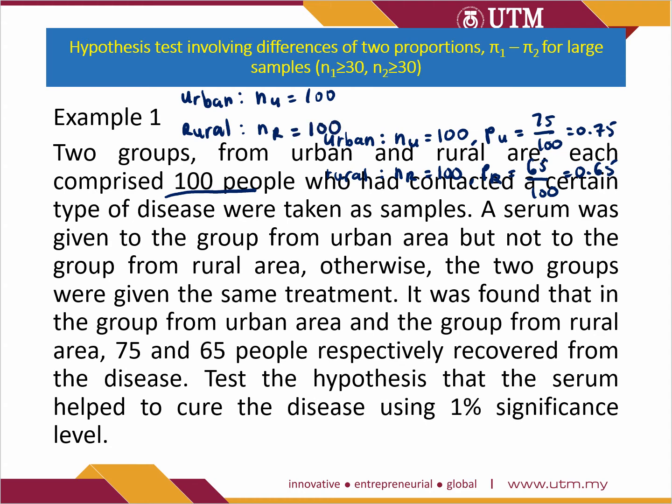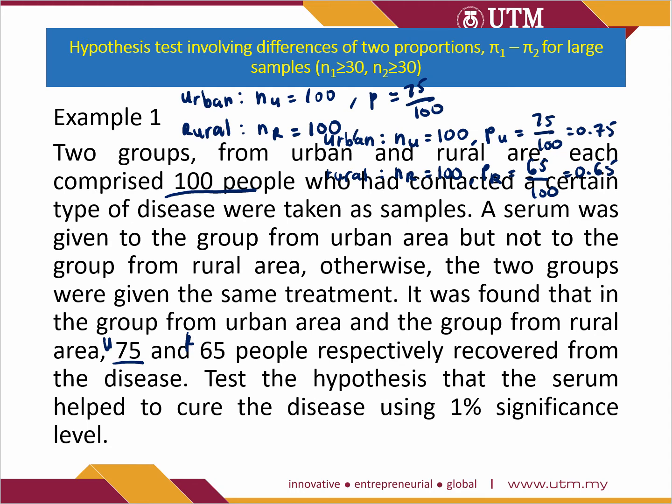And it was found that in the group from the urban area and the group from the rural area, 75 and 65 people respectively recovered from the disease. So we can find this as our sample proportion for urban, given that it is 75 out of 100 recovered from the disease.